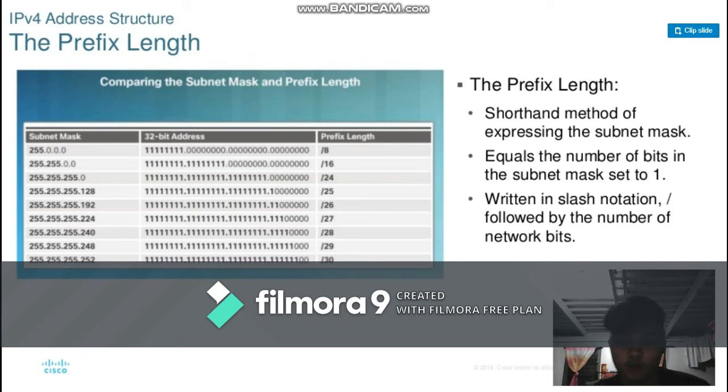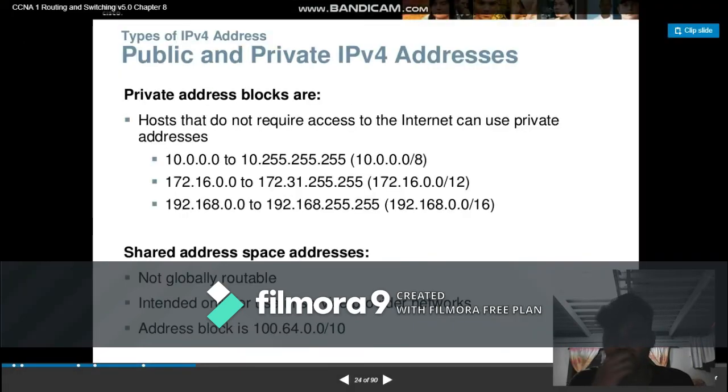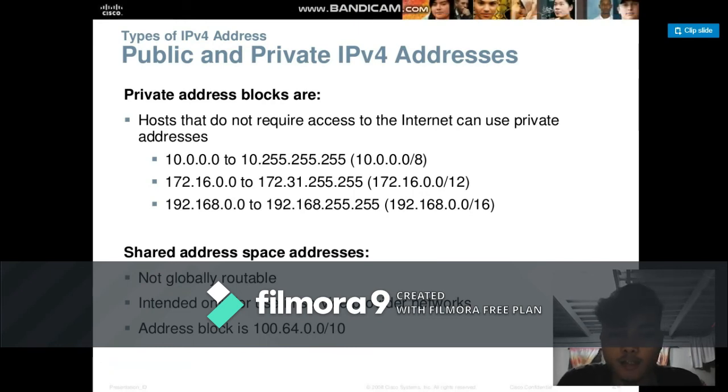So let's go to the next chapter. Public and private IPv4 addresses in chapter 8. Private address blocks are for hosts that do not require access to the internet and can use private addresses like 10.0.0.0 to 10.255.255.255.